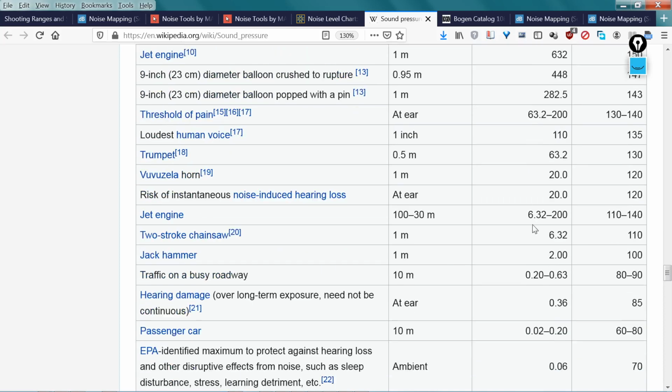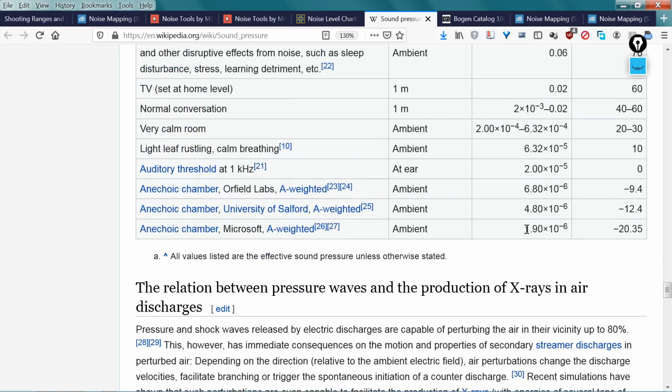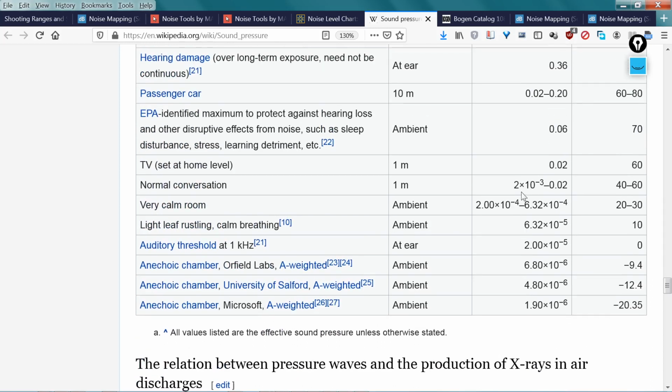Now, if we drop down to our normal conversation, down here, at the 40 to 60 decibel range, at a 1 meter distance, you and I talking 1 meter from each other, we have 2 by 10 to the minus 3, which is 2 millipascals, for the 40 decibel one. At the 60 decibel, it's 0.02, or 20 millipascals.